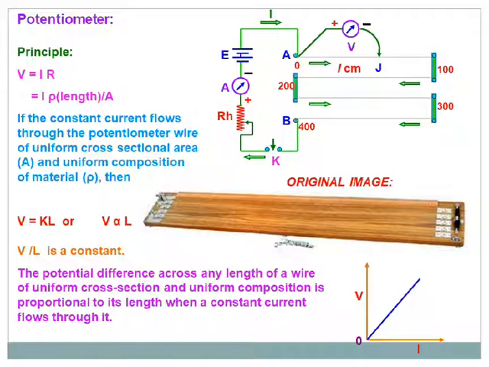In this slide, we are going to explain the principle of the potentiometer and how it works. So you can see the circuit diagram as well as the original pic of the potentiometer. Basically, a potentiometer is a wooden board on which a scale is attached, and there are 2 points, point A and point B, between which we are going to find out the potential difference.